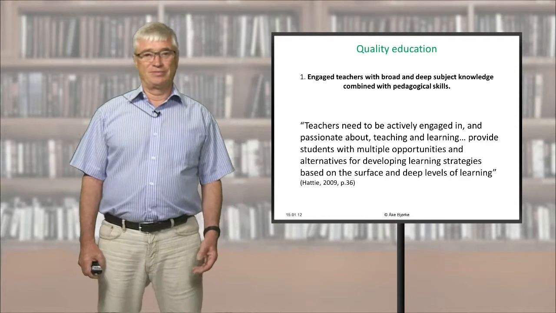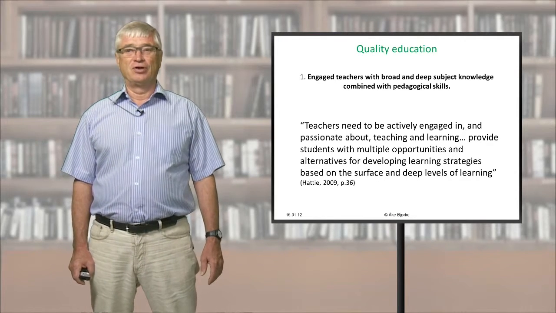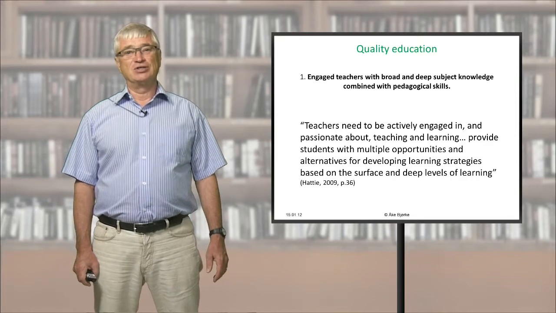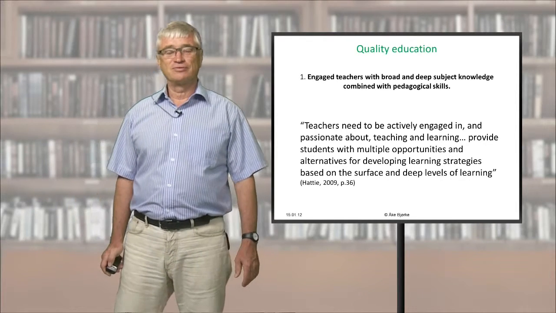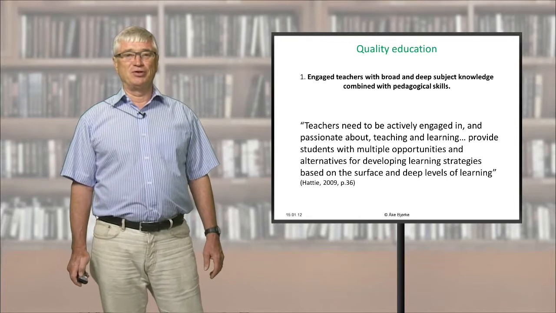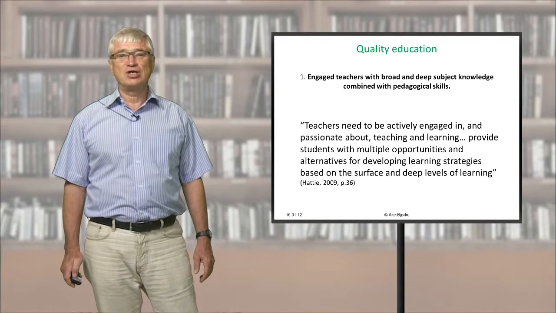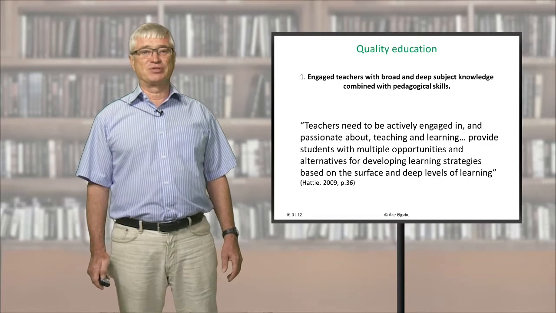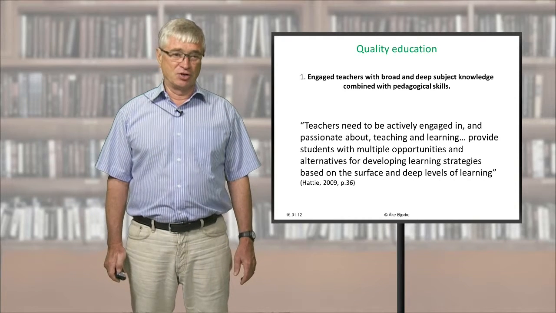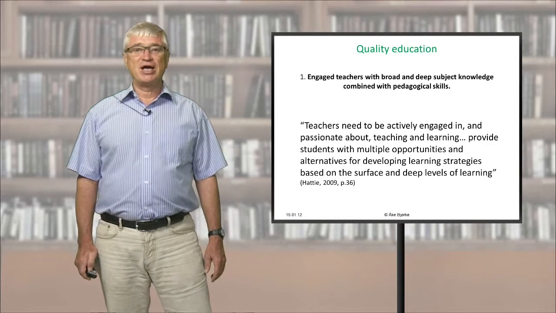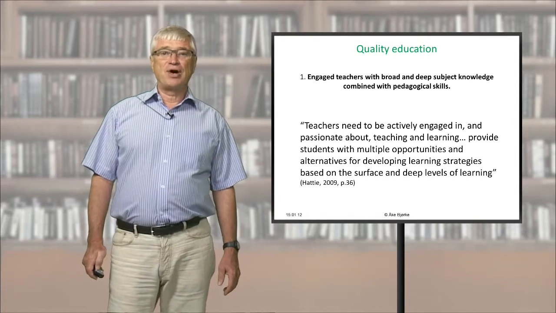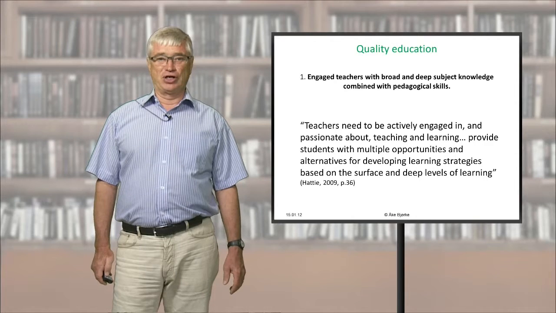We know actually quite a lot on how to ensure quality in education. And of course, rule number one is we need engaged teachers with broad and deep subject knowledge combined with pedagogical skills. Teachers need to be actively engaged in and passionate about teaching and learning.